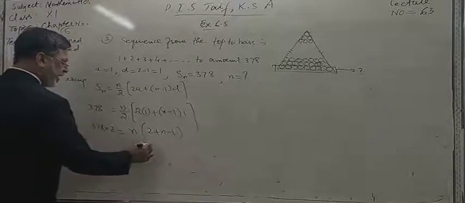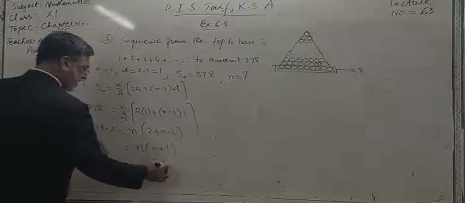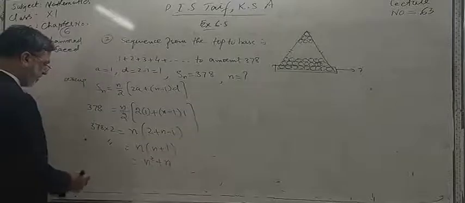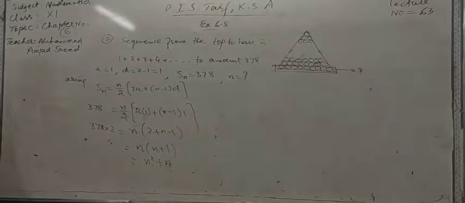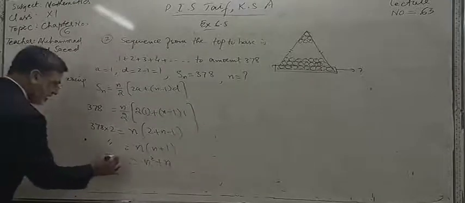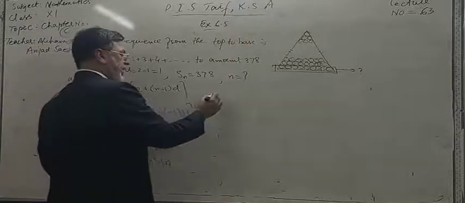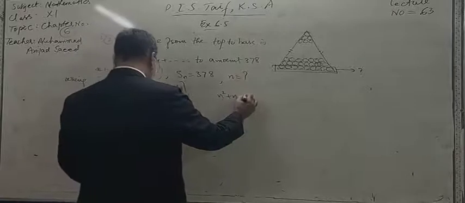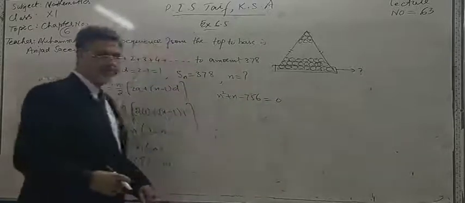Here is n into n plus 1. Here is n plus n square plus n. That will be 378 multiplied by 2 is 756. Okay. So dear students, we will have n square plus n minus 756 is equal to 0.